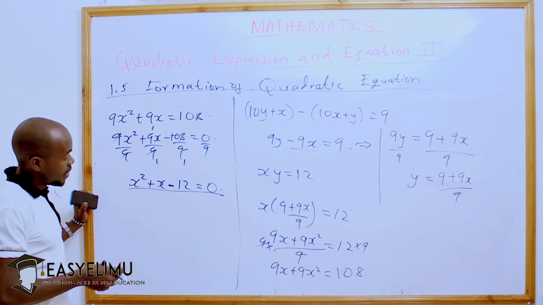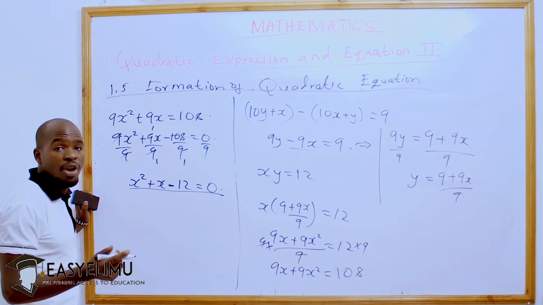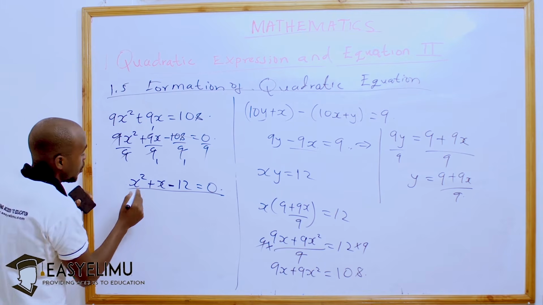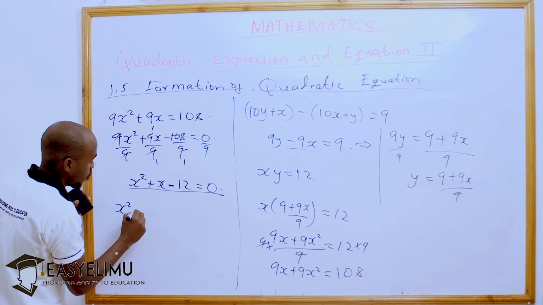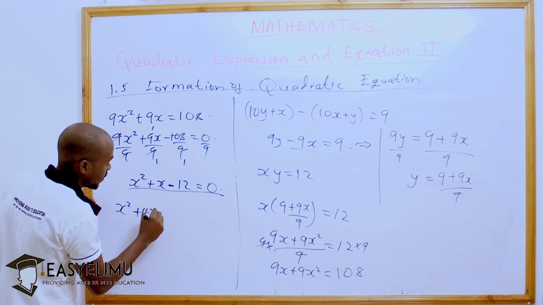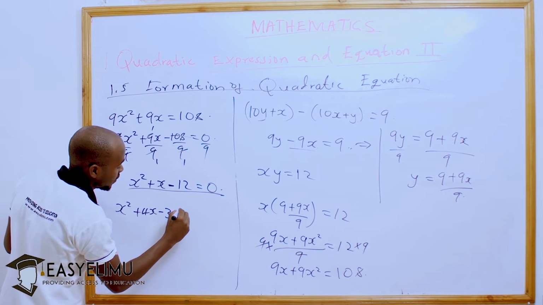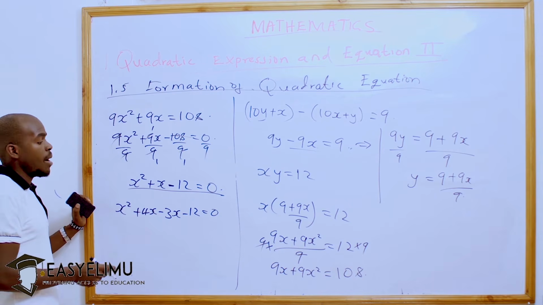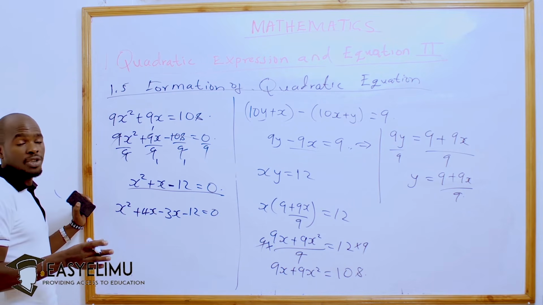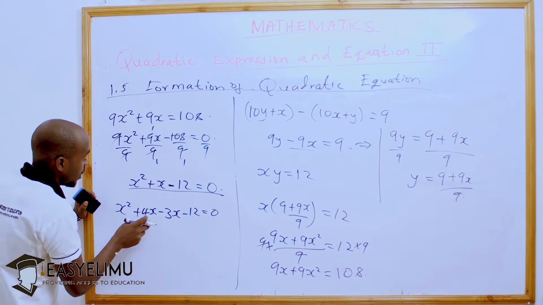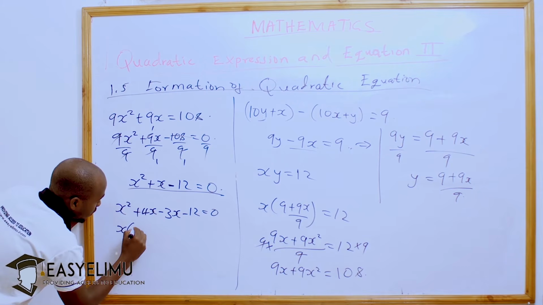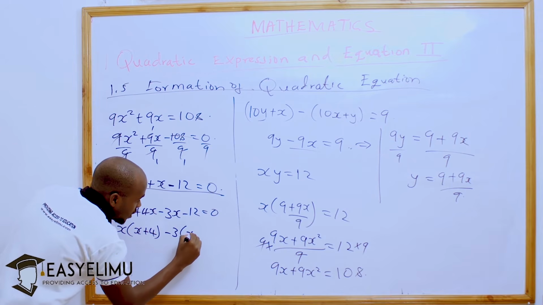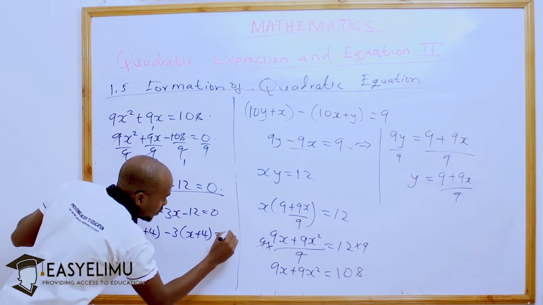For this case, even we can use a similar way by factorizing, which we learned in form 2, whereby we can now factorize x squared plus 4x minus 3x minus 12 equals to 0. I'm using the way of factorization to solve, and if I do that one, I'm going to get x into x plus 4 minus 3 into x plus 4 equals to 0.